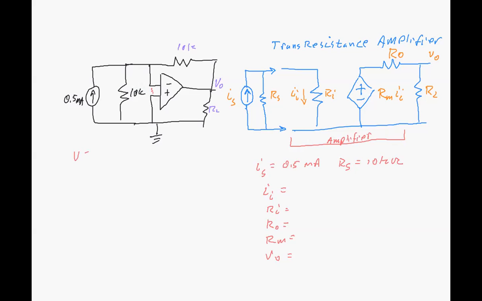So we have that V minus is equal to V plus, which is equal to 0 volts. We've got V plus here, and V minus there.